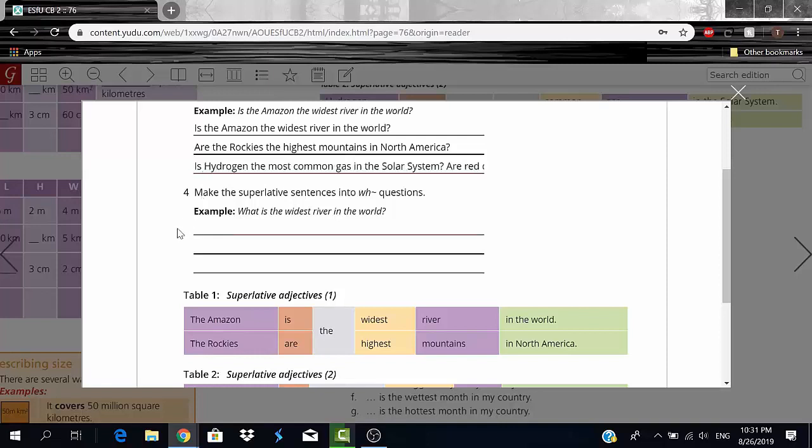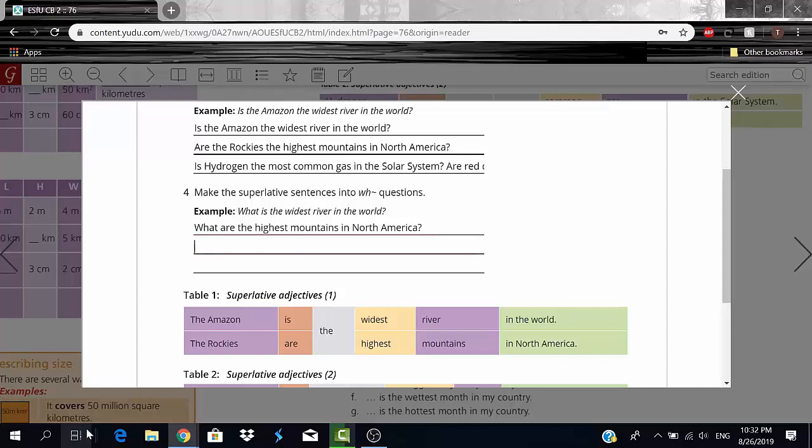Okay, so for number 2, the Rockies are the highest mountains in North America. So for that, I'll probably say, what are the highest mountains in North America? Right, you guys? So, question mark. So what are the highest mountains in North America?